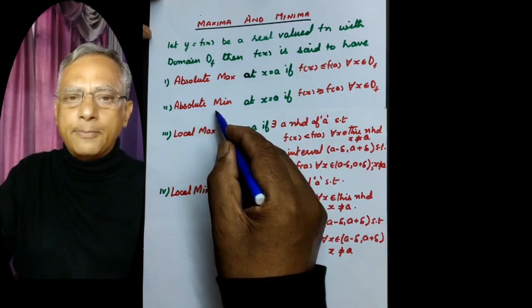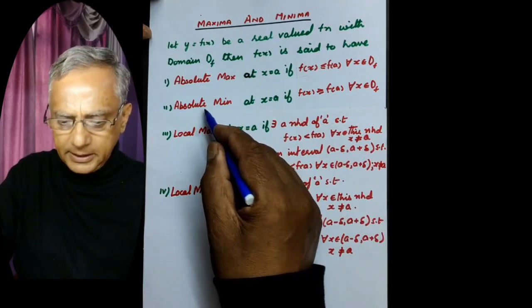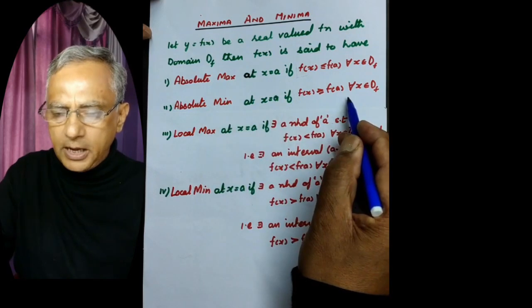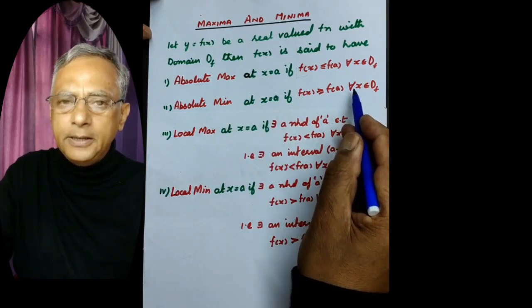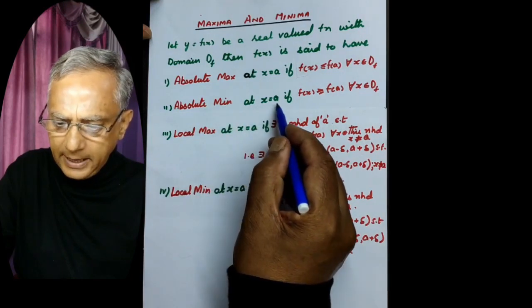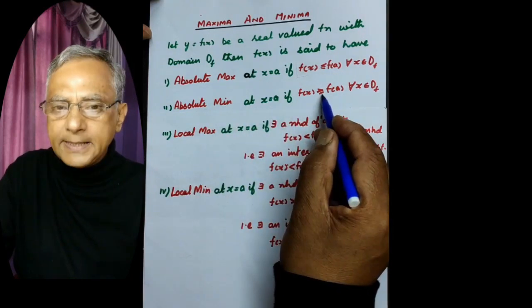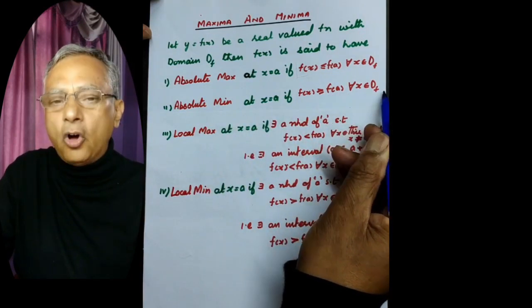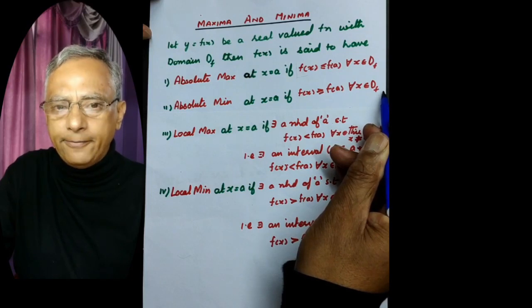Then this value is the absolute minimum, and this is the least value of the function in the whole of its domain. We define this as absolute minimum at x equal to a if f(x) is greater than or equal to f(a) for all x belonging to D_f.